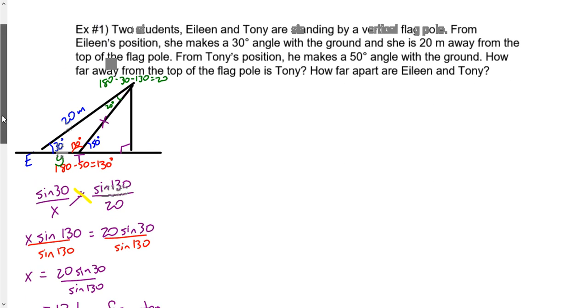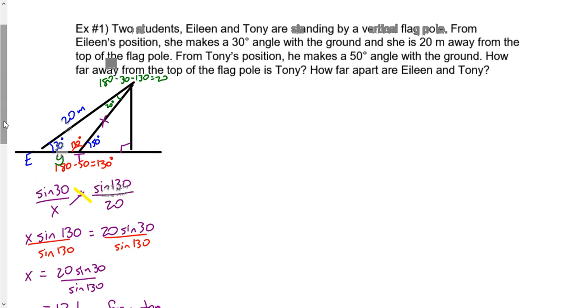But we're not done, because it doesn't say necessarily that they're on the same side of the flagpole. At the same time, this would be the minimum distance, because if Tony's a little bit off on the side, we could be dealing with some things like that. But this would be the minimum distance that would be here.